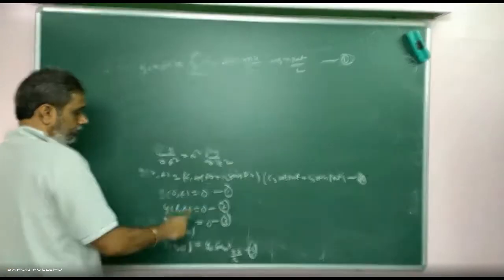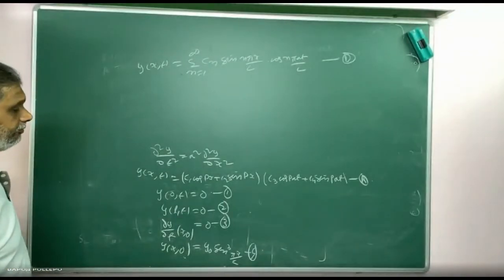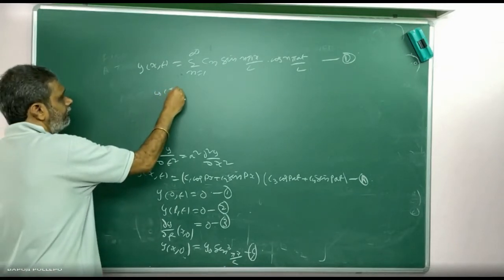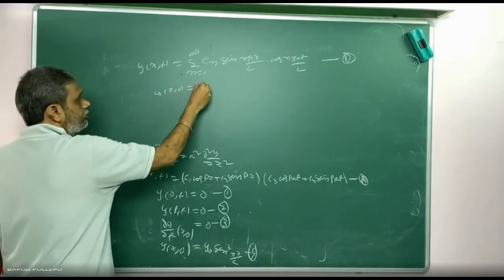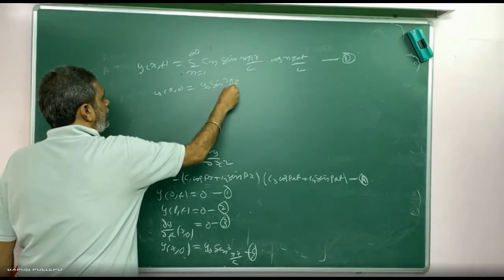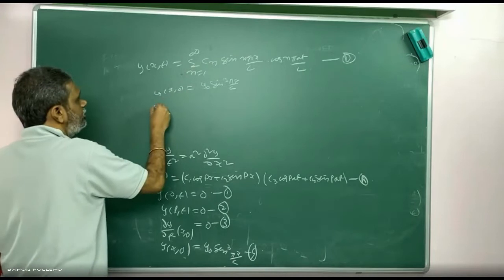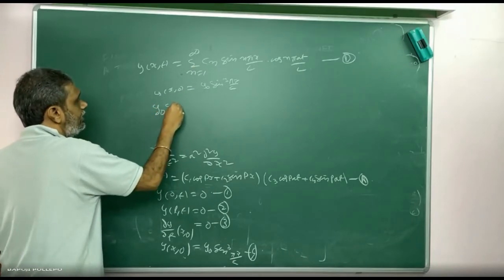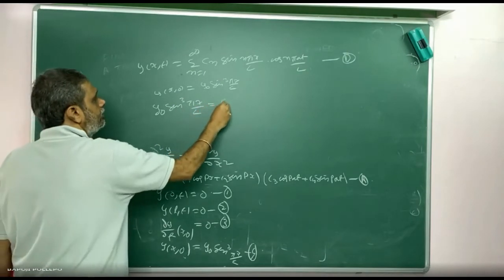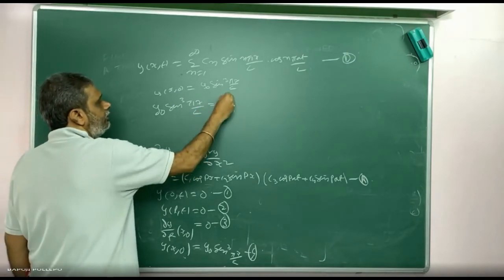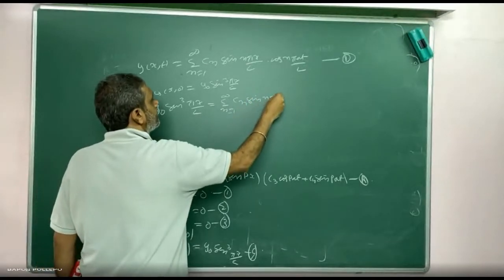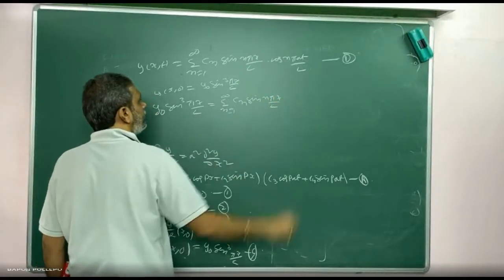Up to three conditions I will reach this. After that what I will do, the fourth condition is what? y of x comma 0 is equal to y0 sin cube pi x by l. So put t is equal to 0, means what I will get? y0 sin cube pi x by l equals sigma n is equal to 1 to infinity Cn sin n pi x by l. Clear?